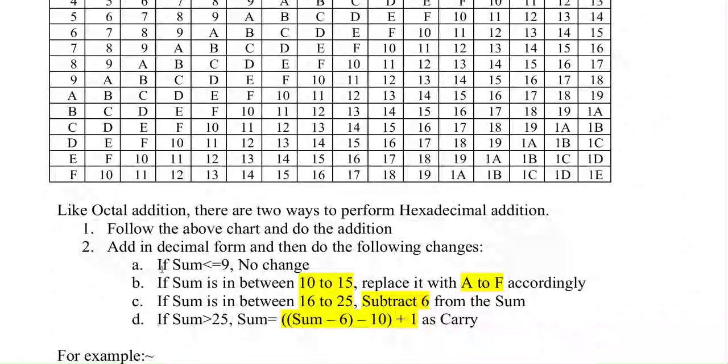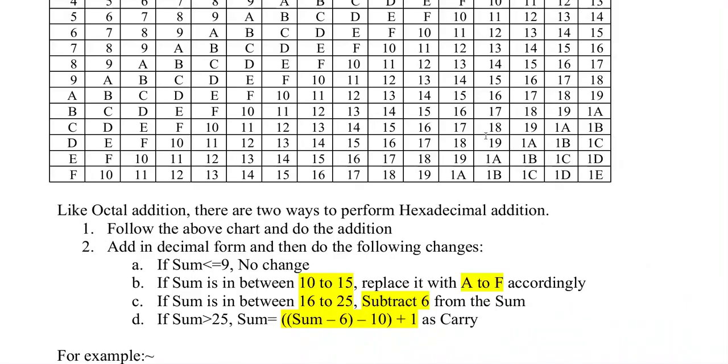There are 4 conditions that you have to remember. Here also we will add the hexadecimal values based on their decimal number equivalence. If we add F plus F, the F value is 15 in decimal, so we add 15 plus 15, 30.